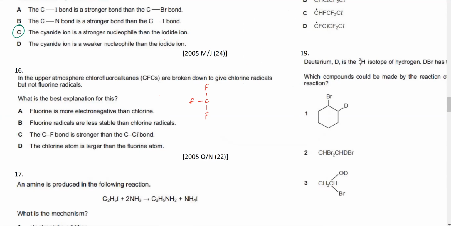If you have a CFC, under UV light it's the C-Cl bond that is a lot weaker, so that generally tends to break. The C-F bond, because fluorine is a smaller atom, makes stronger bonds, so that bond is not going to break very easily. So C would be the correct option for this.